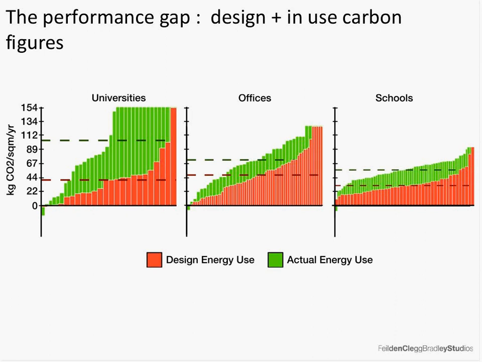So we can see all those are being under, if you like, under-predicted. The universities are struggling significantly to predict what their energy use is, and that's probably down to their varied uses. But even where it's a bit more straightforward, like multiple office buildings, we're still struggling to see what the gap is.